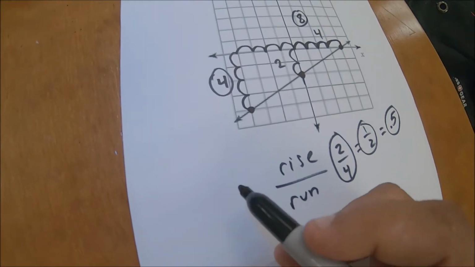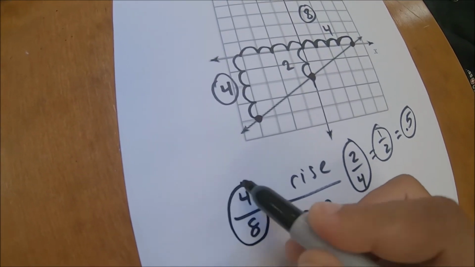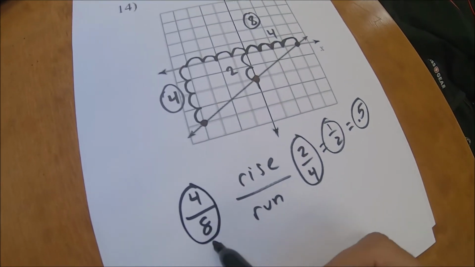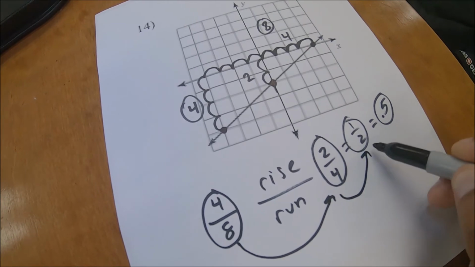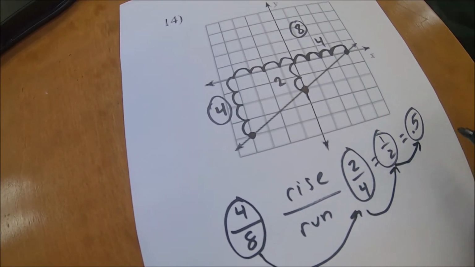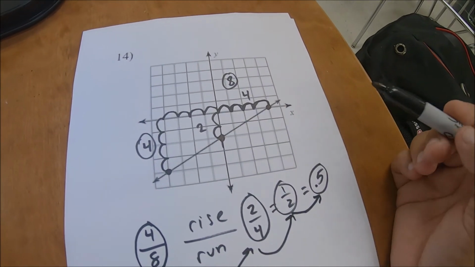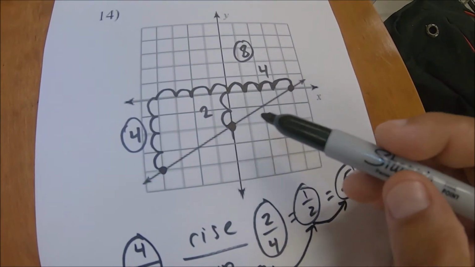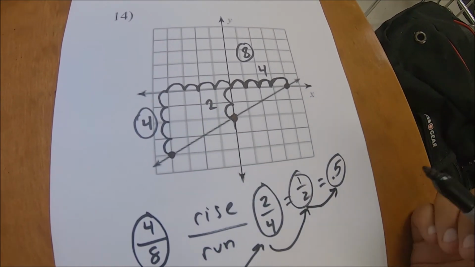If I look at my rise over run, I get the fraction 4 over 8, which is the same as 2 over 4, the same as 1/2, the same as 0.5. So no matter which points on my line I decide to use, I think from here you can tell that my slope is going to remain the same.